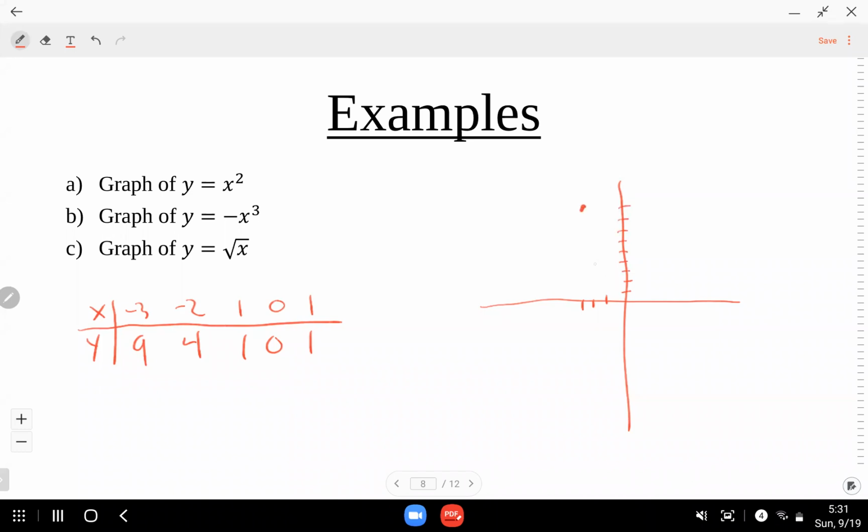All right, you see here that when x decreases, x goes from 0, -1, -2, y still increases very fast. And when x increases as well, it doesn't matter. y still increases very fast because it's squaring. It doesn't matter if it's negative or positive.